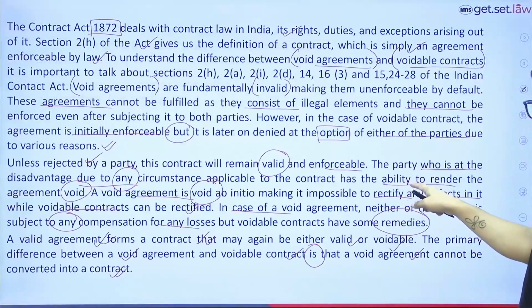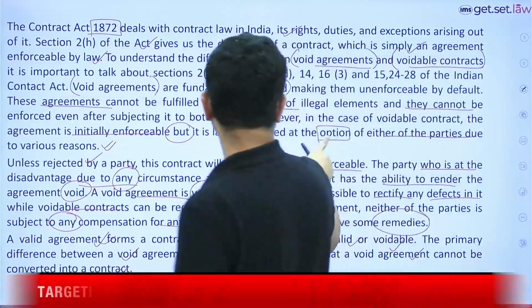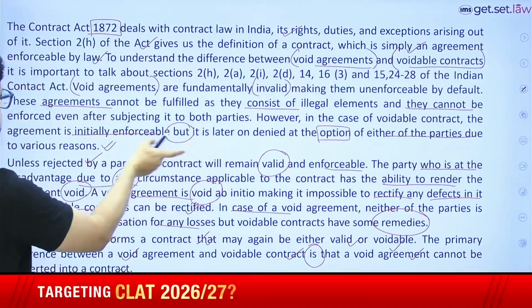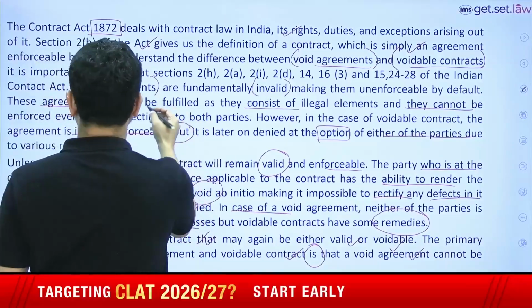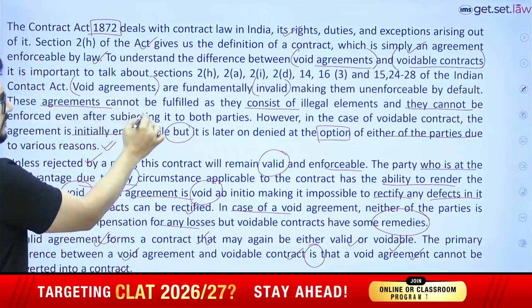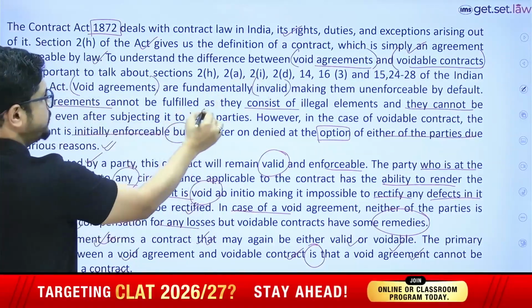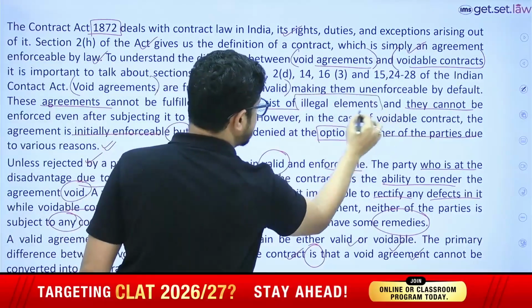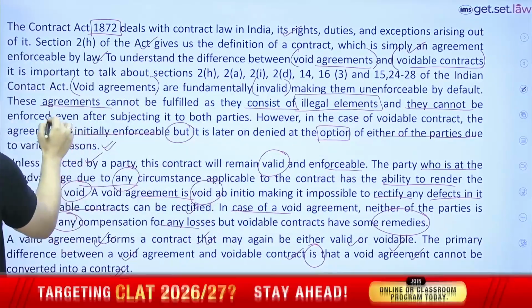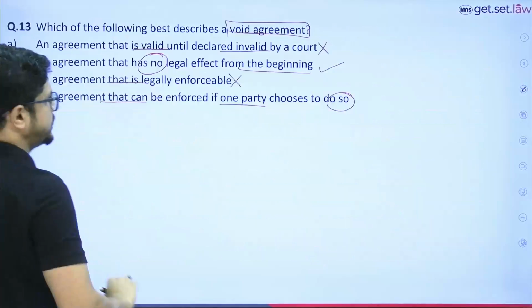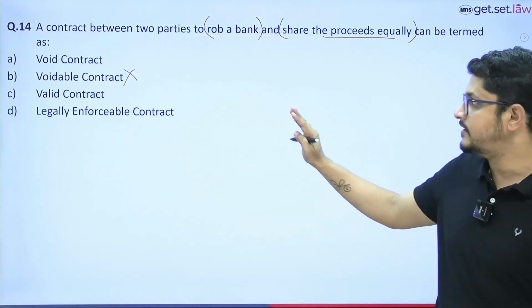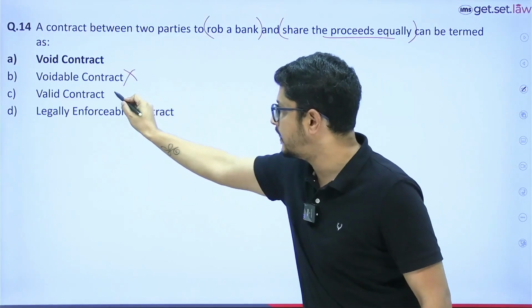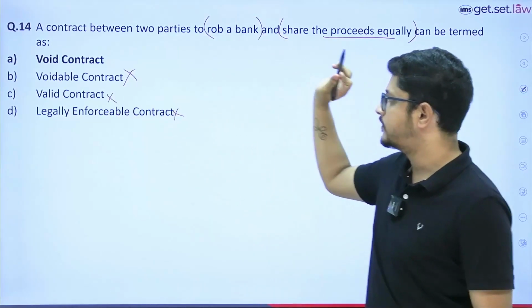Finding this becomes difficult while teaching. These void agreements cannot be fulfilled as they consist of illegal elements, and they cannot be enforced even after subjecting them to both the parties. So here also it will not come under the category of voidability but under void. It was never valid, not even legally enforceable, so it is a void contract.